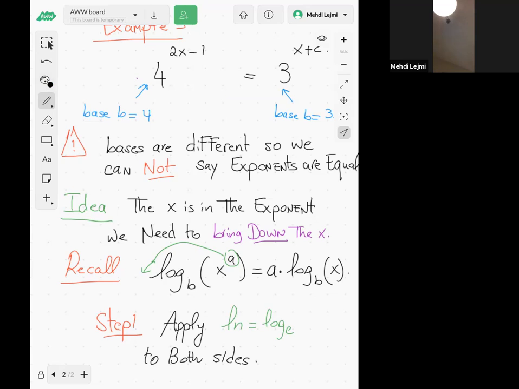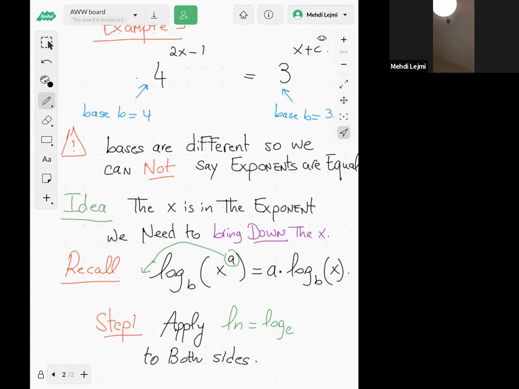Actually, you can apply the log in any base. It doesn't matter which base. Here I'm going to apply the natural log because it's sort of a convention. But the idea is just to apply a log in some base, so that you can bring down your exponent.